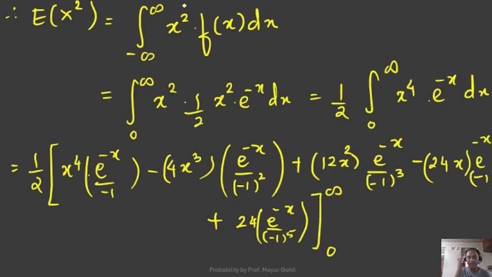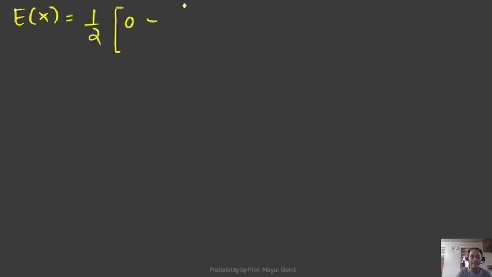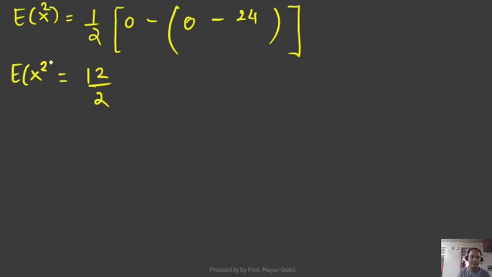What will happen later on, when you substitute 0 for the 24 into e raised to minus x over minus 1 raised to 5, you will get 0 minus 24. So you will get the value of E of x square as 24 divided by 2, which is 12. So E of x square is 12.